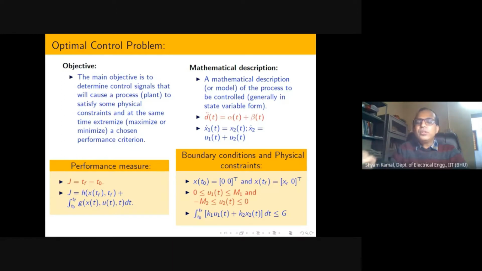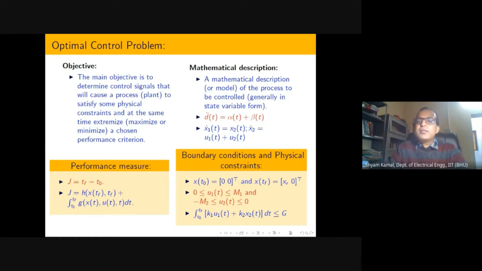I don't know the exact evolution of the uncertainty, but I assume it is not unbounded. That kind of assumption is called robust control, and if you also involve optimality, it is a robust optimal control problem.